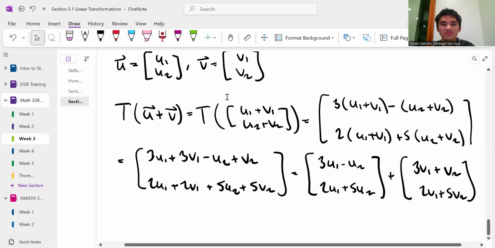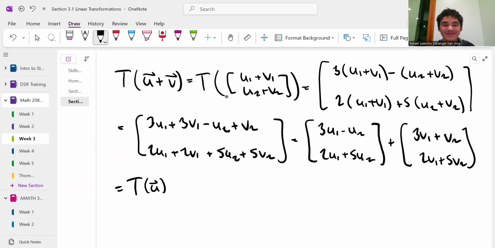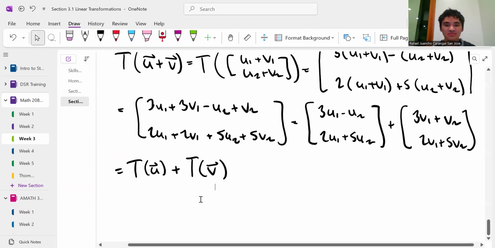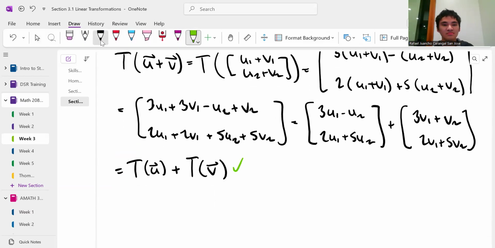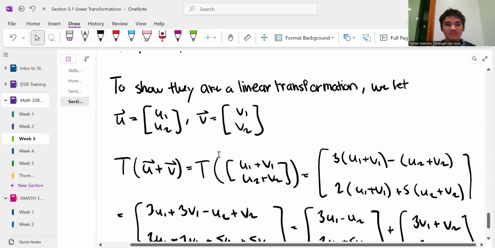And we can actually translate these into T of u plus T of v. So we say these are equal, so check, right?